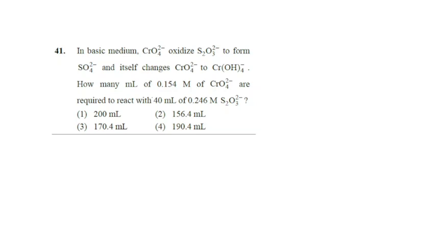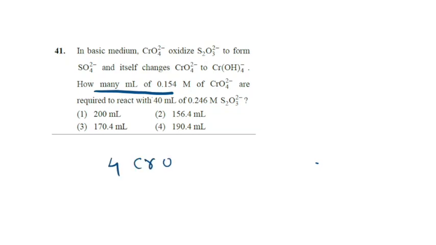The next question is based on redox reactions. Here the chromate ion is oxidizing the thiosulfate ion into sulfate ion, and they are asking for the number of milliliters of 0.154 M chromate ion. Here one should be able to write the balanced equation between chromate ion and this S2O3 2- ion, especially in the basic medium.